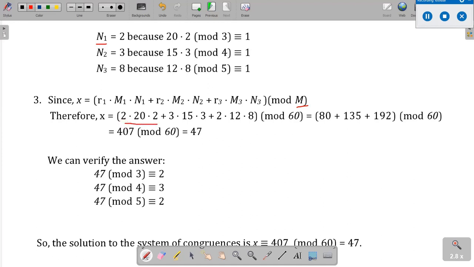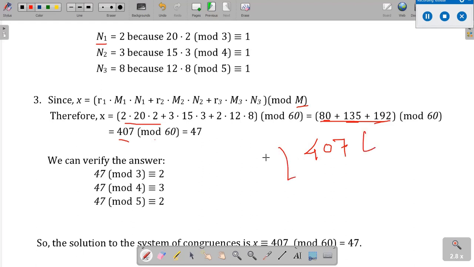So if we calculate this value, 2 into 20, 40 into 2, 80, then 15 into 3, 45 into 3, 135, and 12 into 8, 96, and 96 into 2, that is 192. So if we add all these values, we get 407. Then we divide this 407 by M, that is 60.